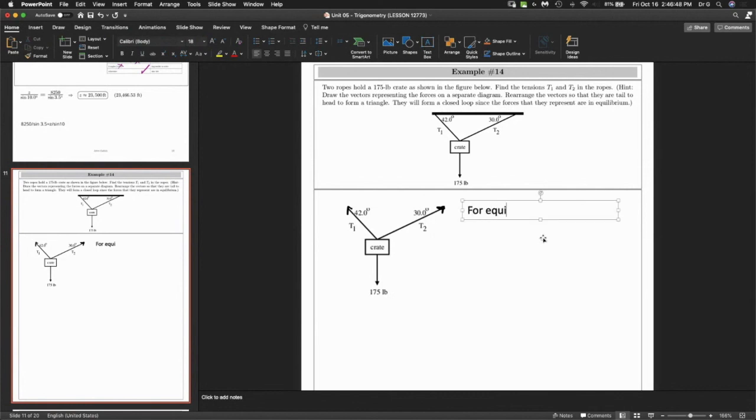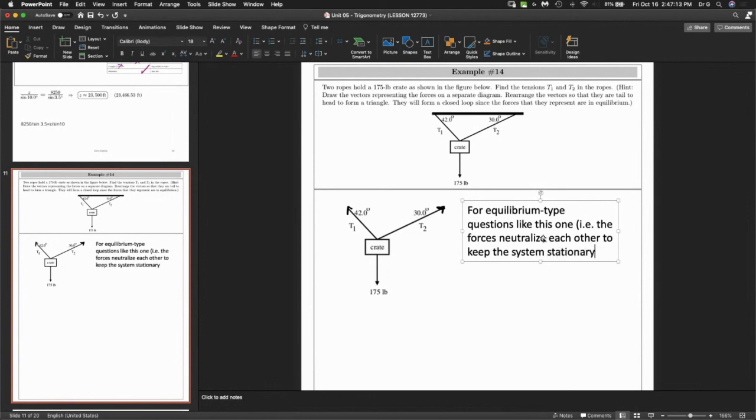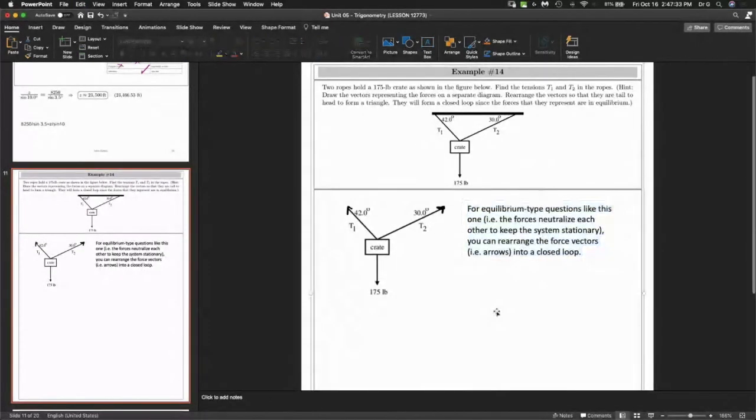Okay, so for equilibrium, I'm just going to type it. Okay, so there's a little comment.